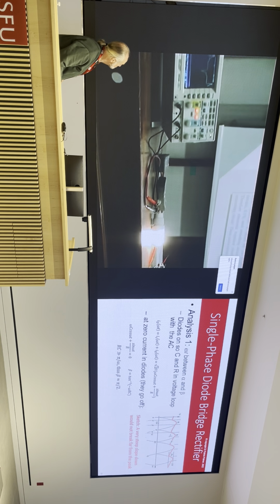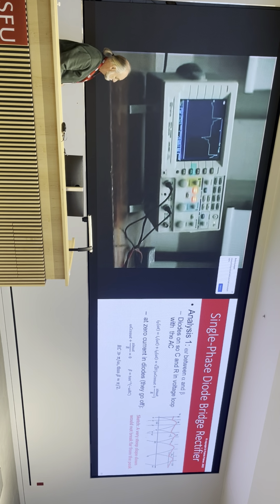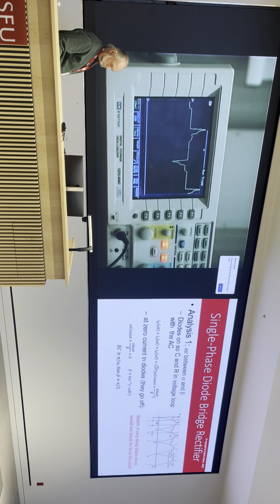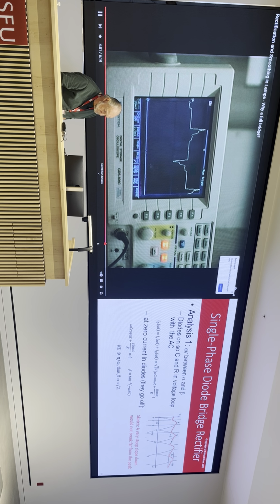Same sort of current this time, showing the big spikes of current. Now that's a slightly higher power and has a bigger current. What we can also say is that we are drawing these spikes of current off the main supply.